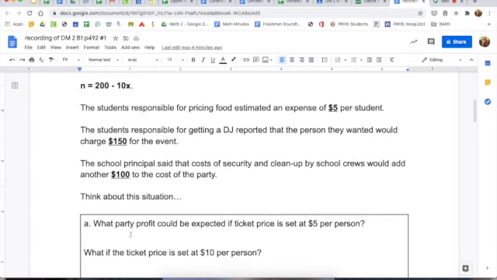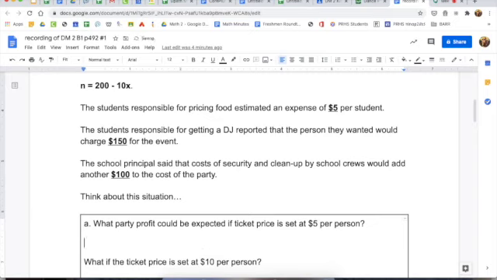For example, if we charged $5 per person, we could see that this equation, 200 minus 10 times 5, I'm getting that from up here. This is a linear equation that tells me we're going to take 200 people, and every time the price goes up by $1, we're going to lose 10 people from buying tickets.